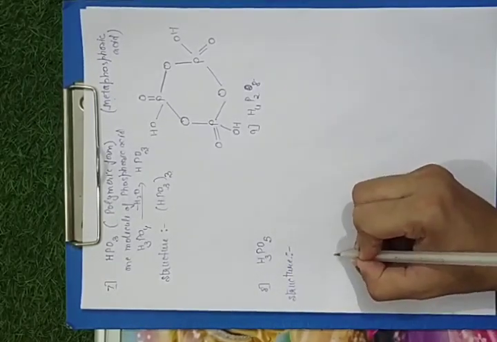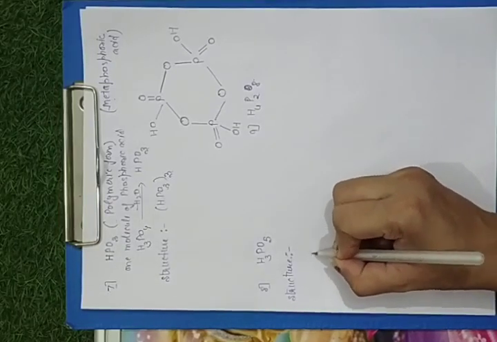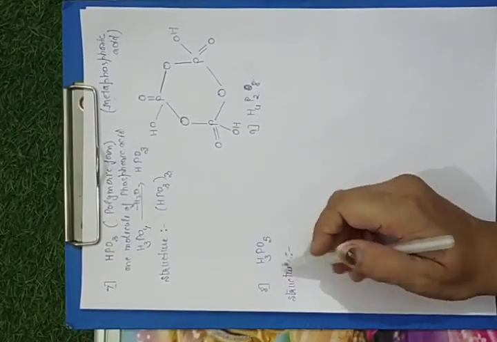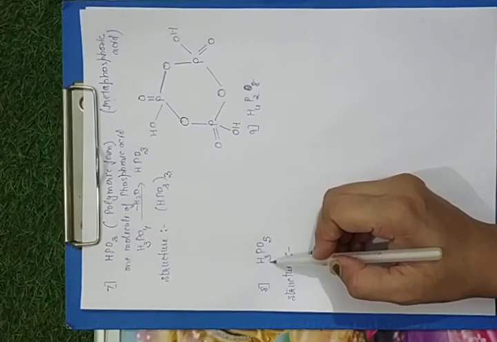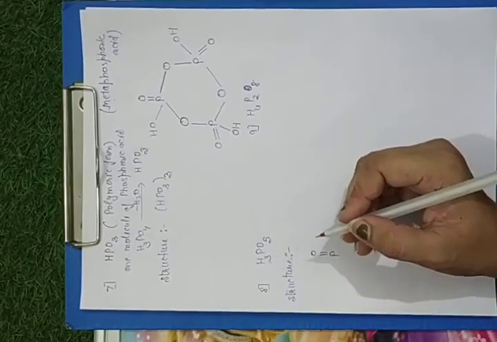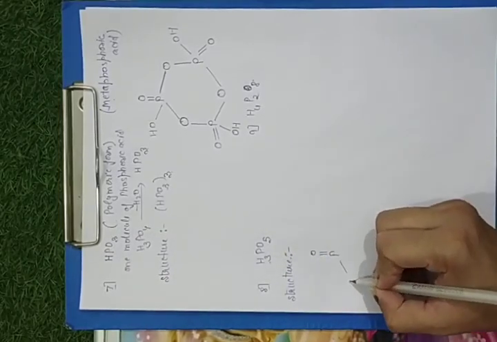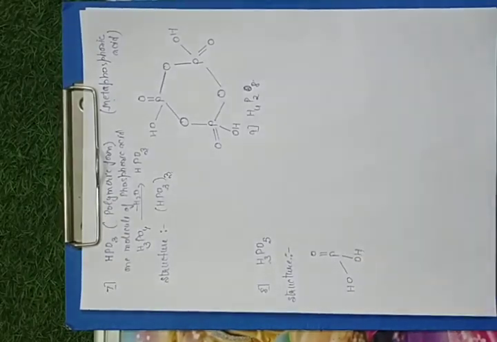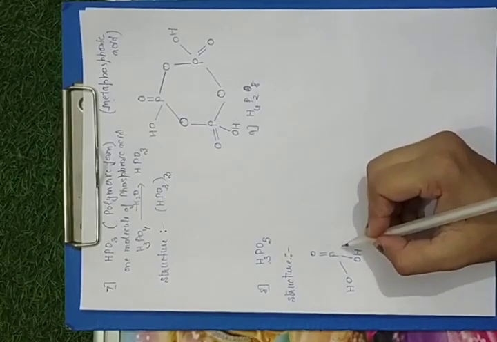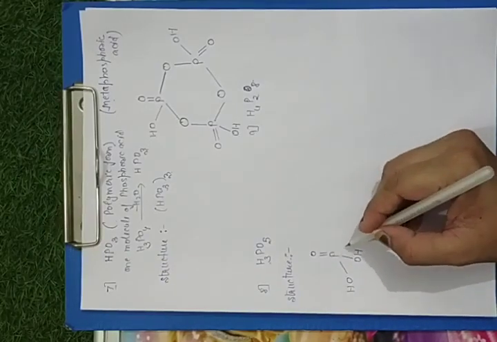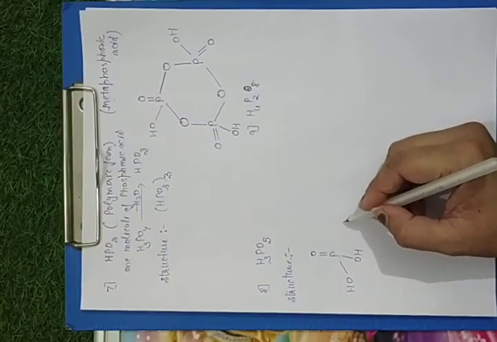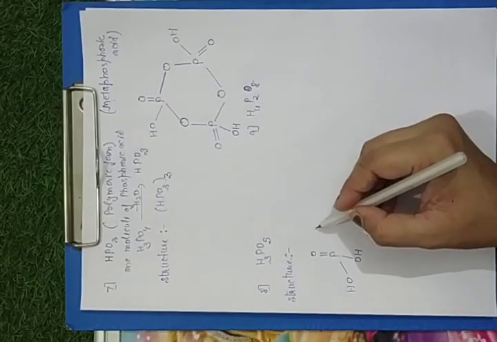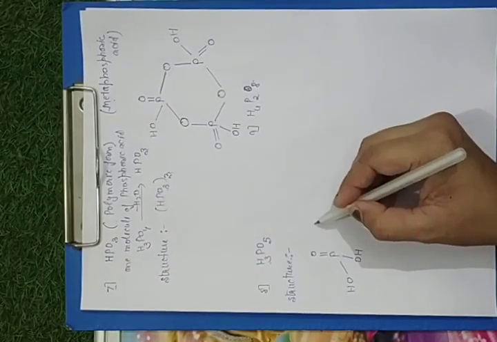Here is the central atom, phosphorus, which is connected with 3 hydrogen and 4 oxygen, isn't it? Out of these, 2 OH are present. If we put 1 more OH here, then the remaining oxygen is present with a double bond.